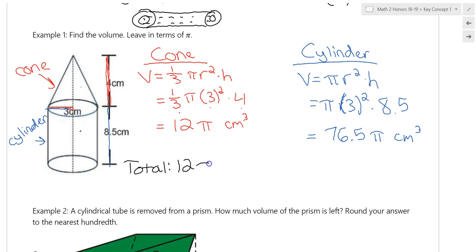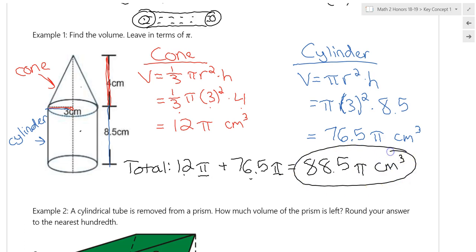So I'm doing 12 pi plus 76.5 pi. These both have a pi in them, so my answer will have a pi. 12 plus 76.5 is 88.5 pi centimeters cubed. Okay.